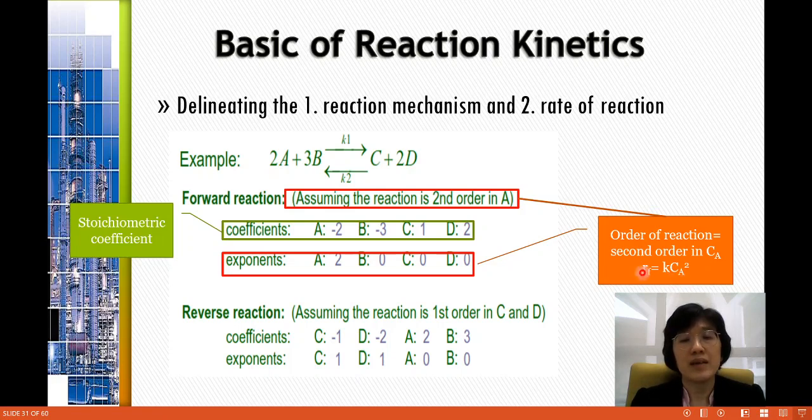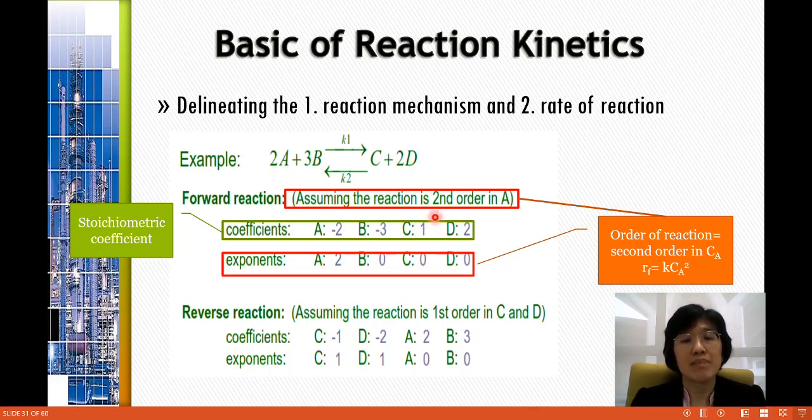From here, we are asked to specify the coefficient, which is the stoichiometric coefficient: -2 and -3 for A and B respectively. Negative means they are reactants. C and D have stoichiometric coefficients of 1 and 2 respectively. The exponent refers to the order of reaction.